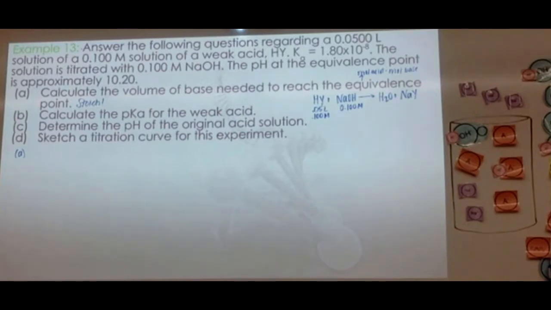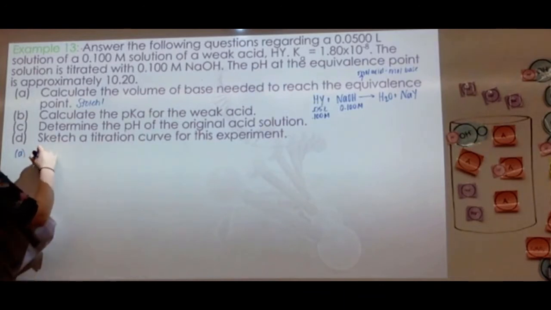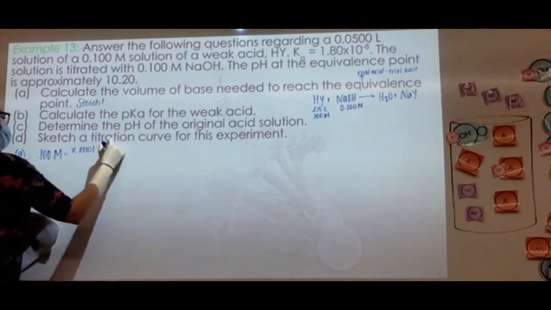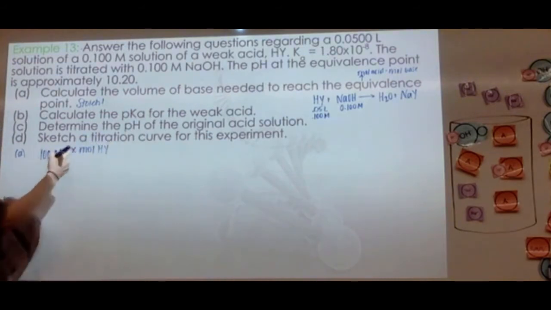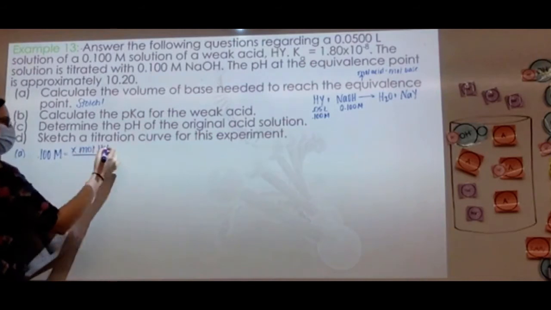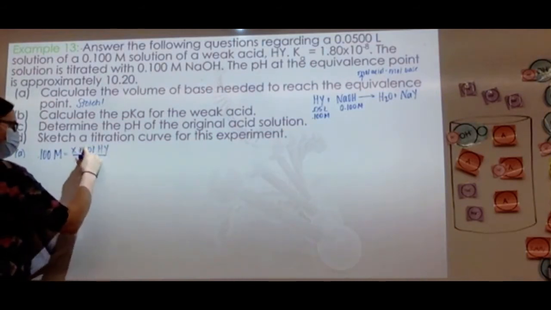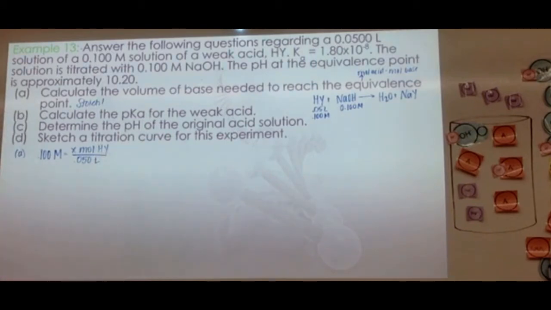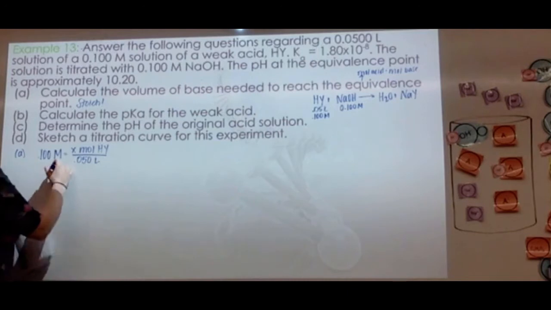I can figure out how many moles of HY we had at the equivalence point. So I'm going to say we have 0.1 molar, which is X moles of HY over 0.05 liters of HY. So I can solve for X.